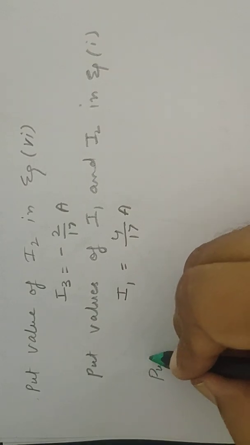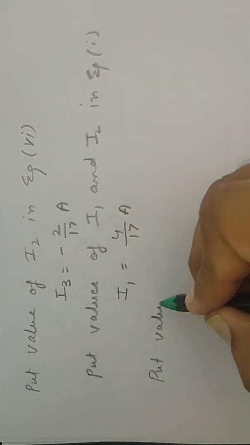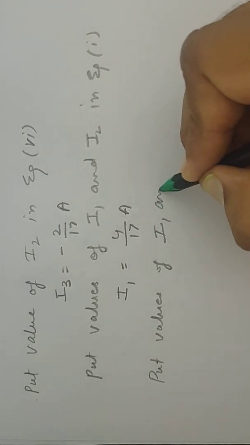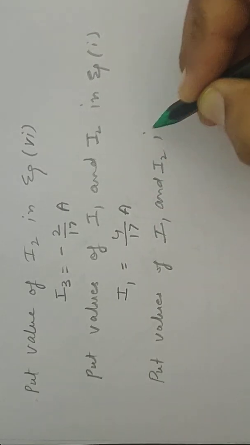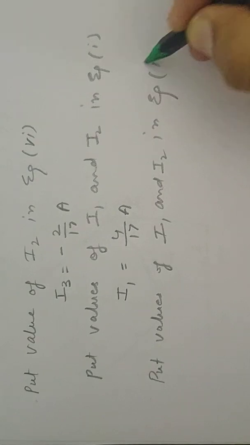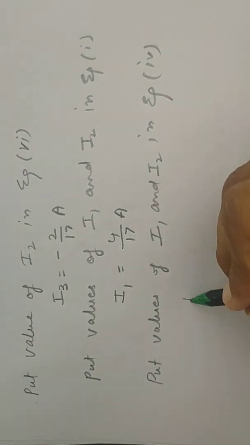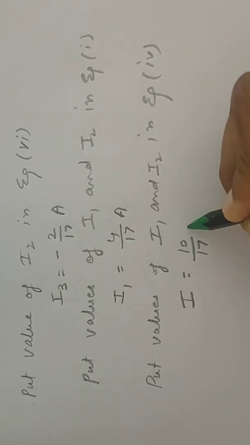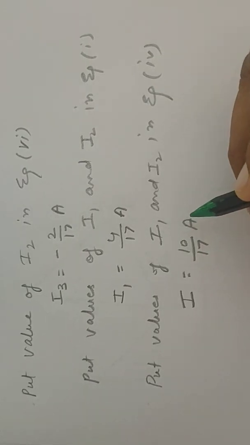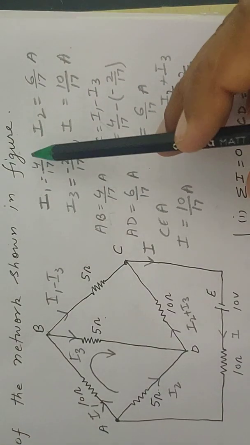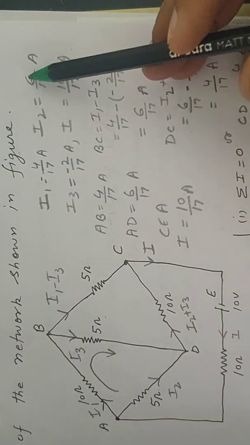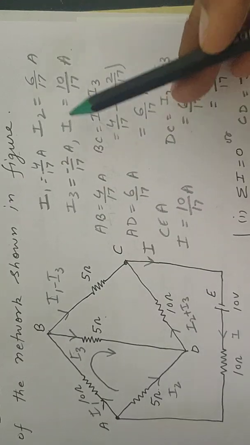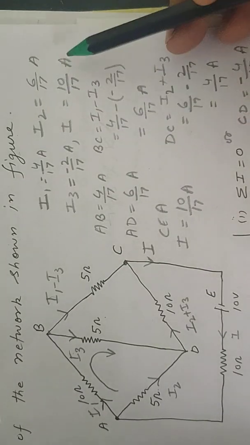Put values of I1 and I2 in equation 4. We get I equal to 10 over 17 ampere. So we get I1 4 over 17 ampere, I2 6 over 17 ampere, I3 minus 2 over 17 ampere, I equal to 10 over 17 ampere.